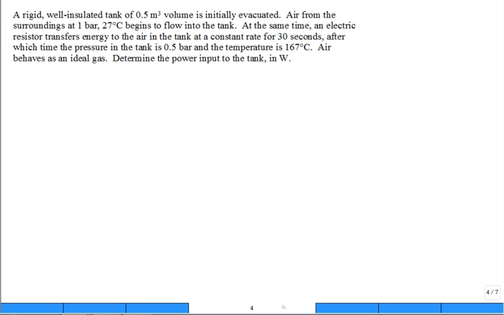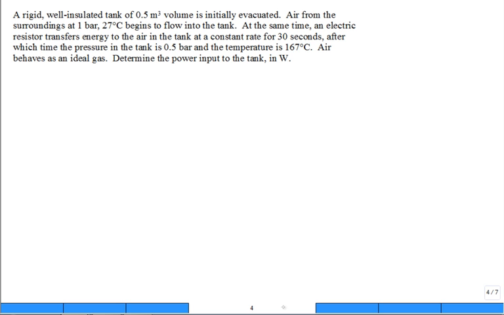All right. So we have this tank. It's well insulated. It's rigid, and it's initially empty. Air from the surroundings at 1 bar, 27 degrees C begins to flow into the tank. At the same time, an electric resistor transfers energy to the air in the tank at a constant rate for 30 seconds, after which time the pressure in the tank is half a bar, and the temperature of the air is 167 degrees C. Air behaves as an ideal gas.